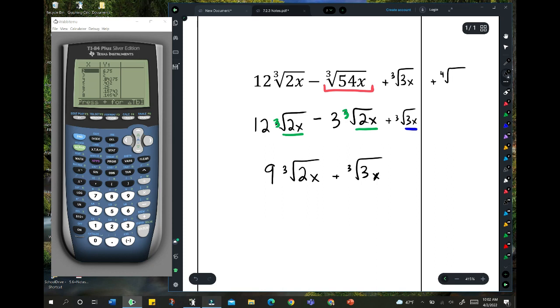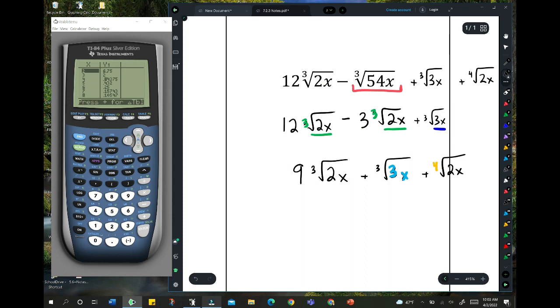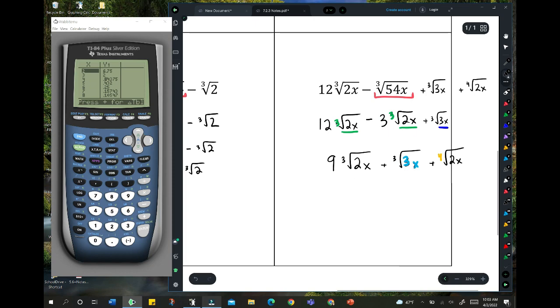Same thing if we happen to add like a fourth root or something. So the indexes have to be the same. Even though this is a fourth root of 2x, it's still not the same. So you cannot combine them if they are different indexes, and you can't combine them if they are different things inside. Okay, so just be aware of that. Remember, multiply numbers out front.